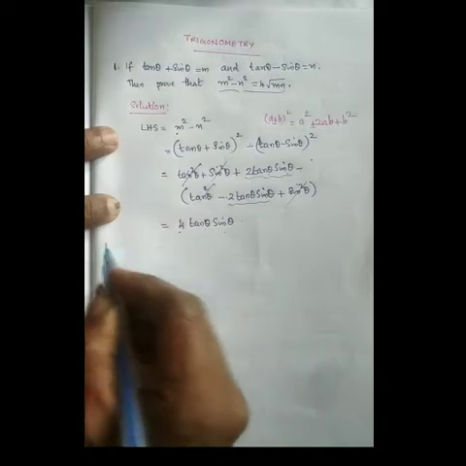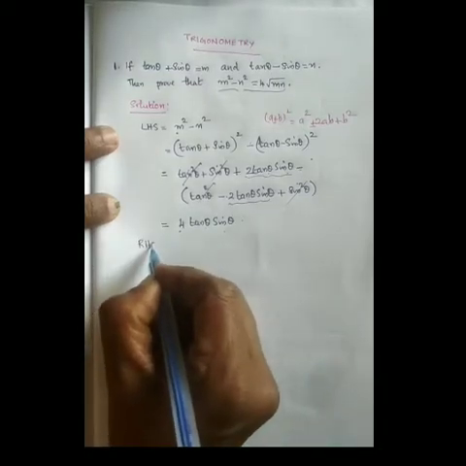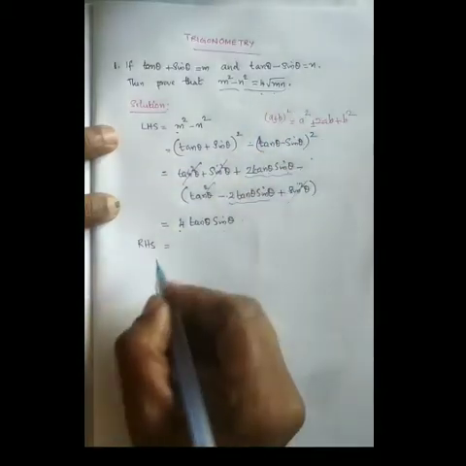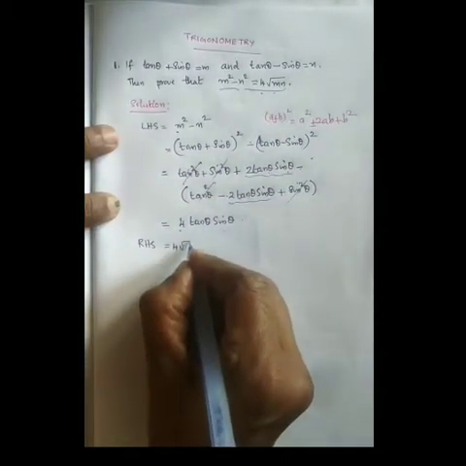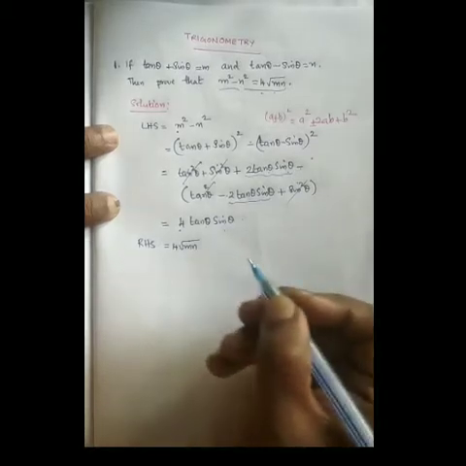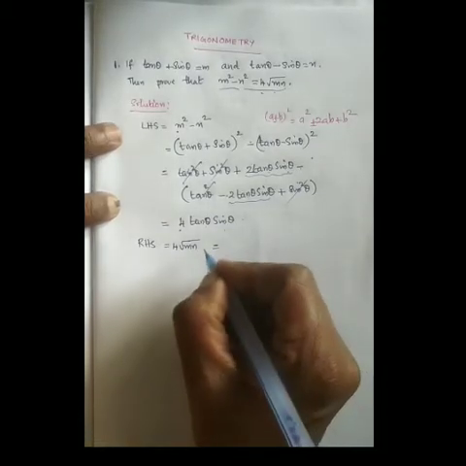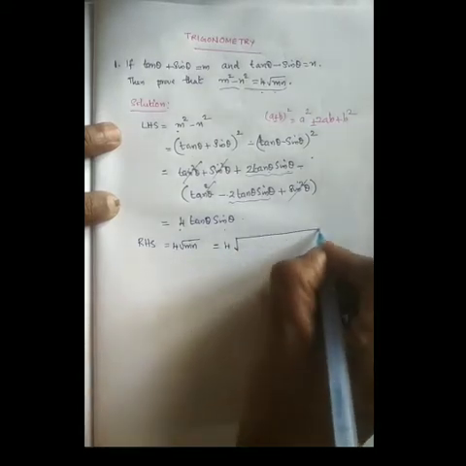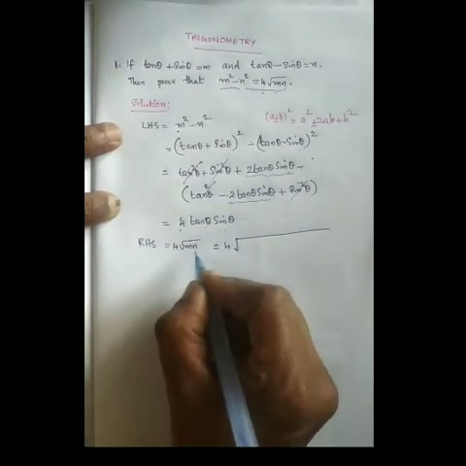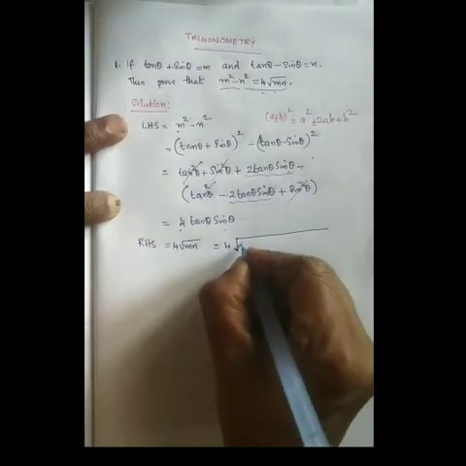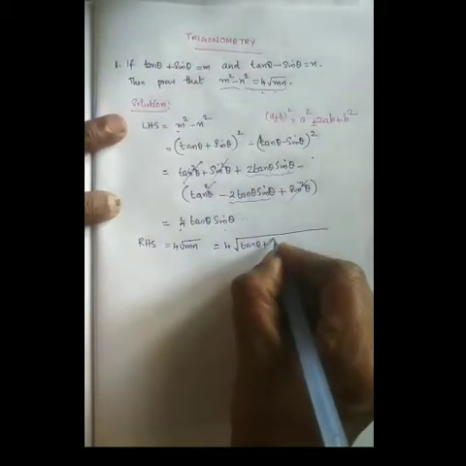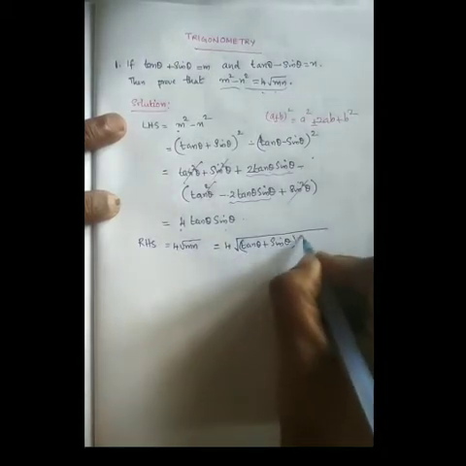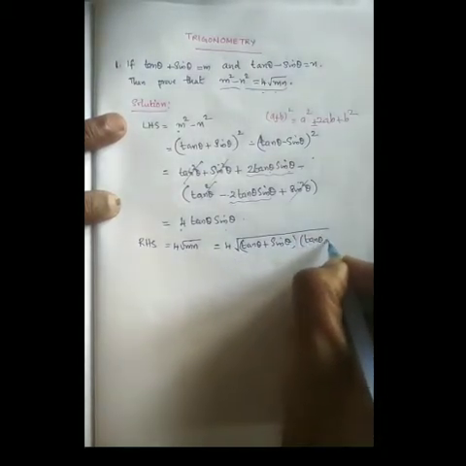Then we take the RHS. RHS is 4 into root of m n. Also this is equal to 4 into square root of the value of m, tan theta plus sin theta, into tan theta minus sin theta.